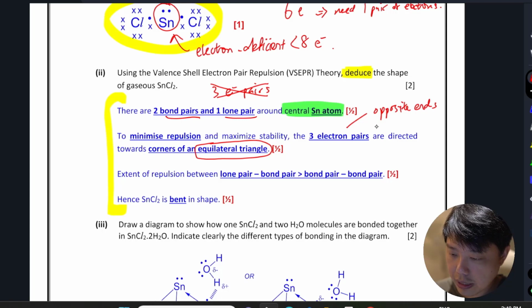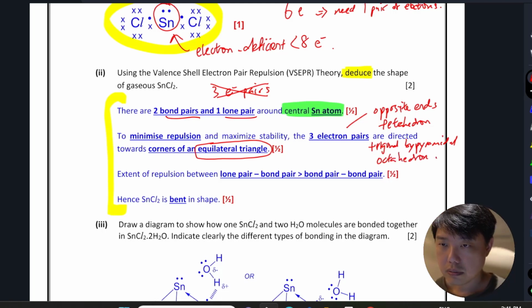If you have 4 electron pairs, you say tetrahedron. 5 electron pairs, you say trigonal bipyramidal. Lastly, 6 electron pairs, you say octahedron. So those are all the electron pair counts and how they are directed to various shapes.